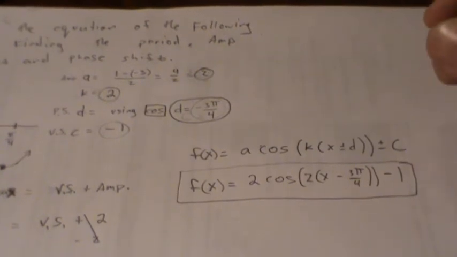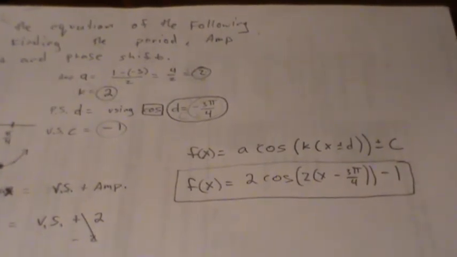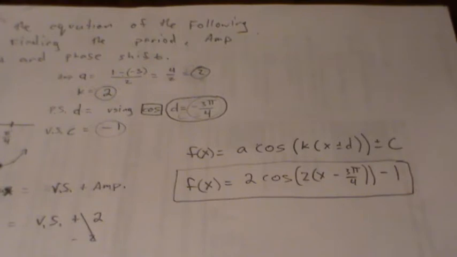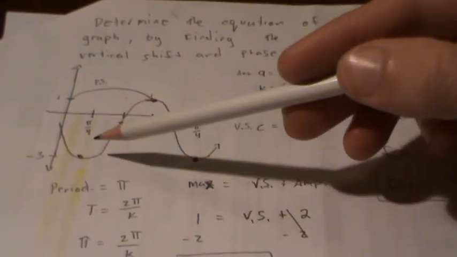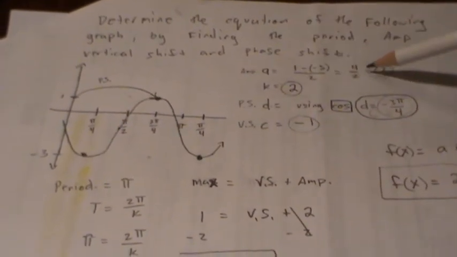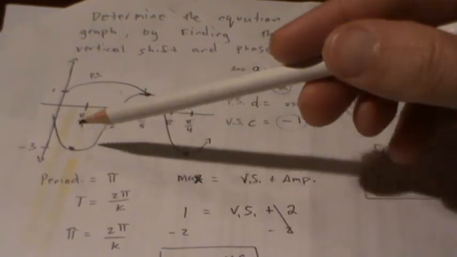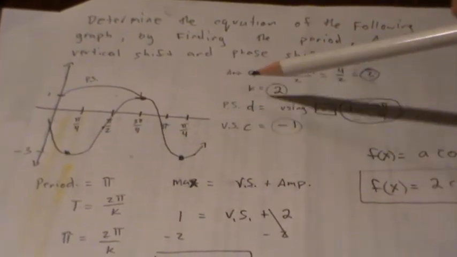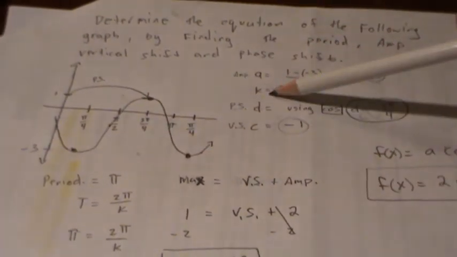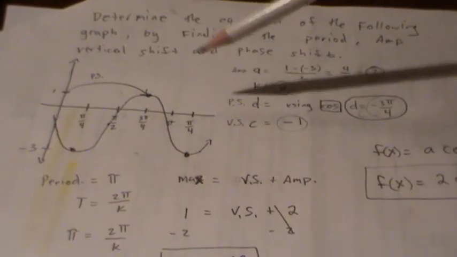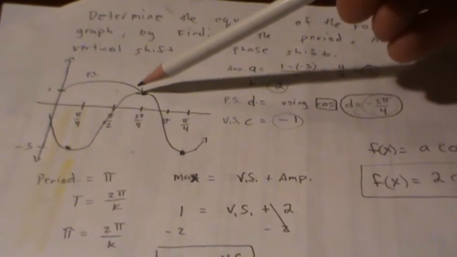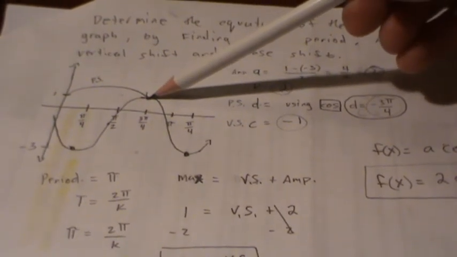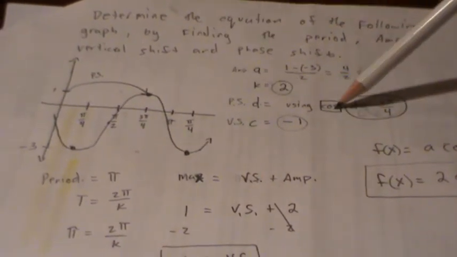Okay, this is probably one of the most efficient ways to convert from a graph to an equation. Start by looking at the maximums and minimums to get your amplitude. Look at the period to get your k value. To get your phase shift, look at the distance between the y-axis and the first maximum, and always use the cosine.